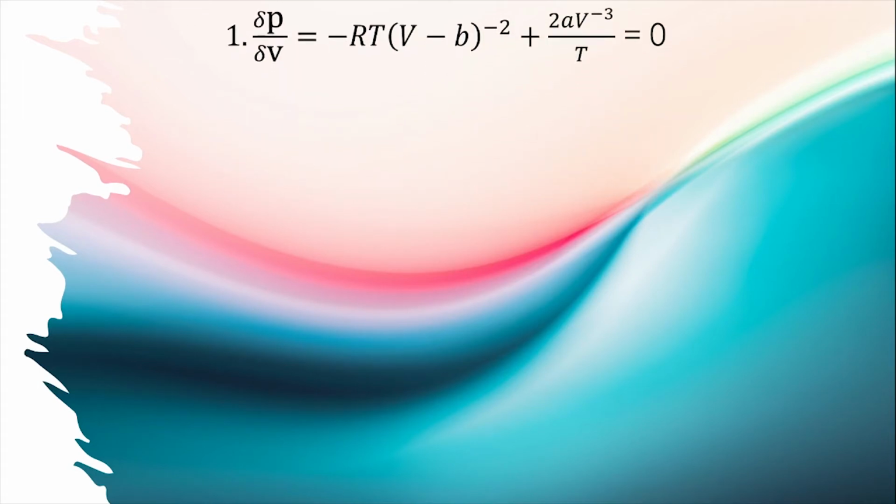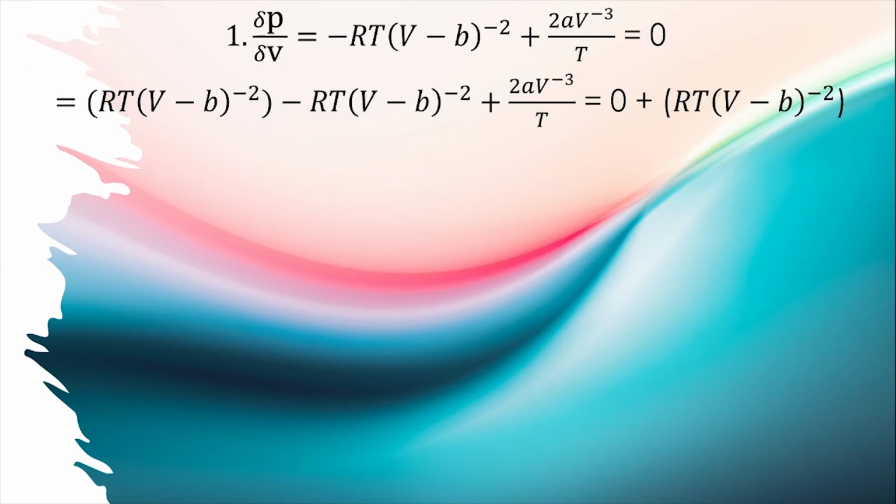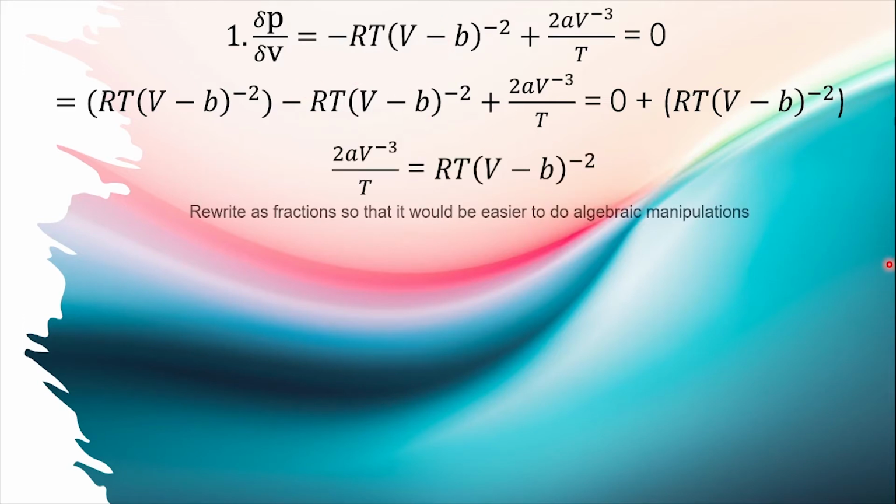When you get the first derivative of pressure, just like in volume, you should cancel out RT, and rewrite as fractions given this expression so that it will be easier to do manipulations.